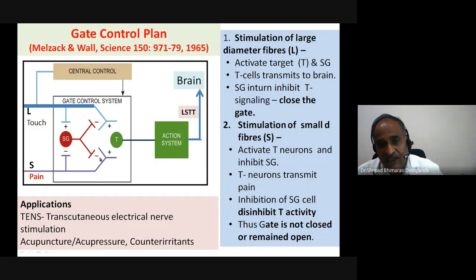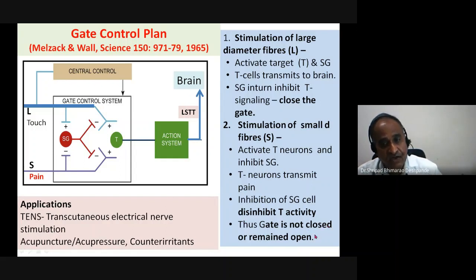The SG neuron is an inhibitory neuron, so inhibition of inhibition is what is called disinhibition. Thus, it opens or keeps the gate in the open state. In the open state, it allows the continuous transmission of the pain to the brain.